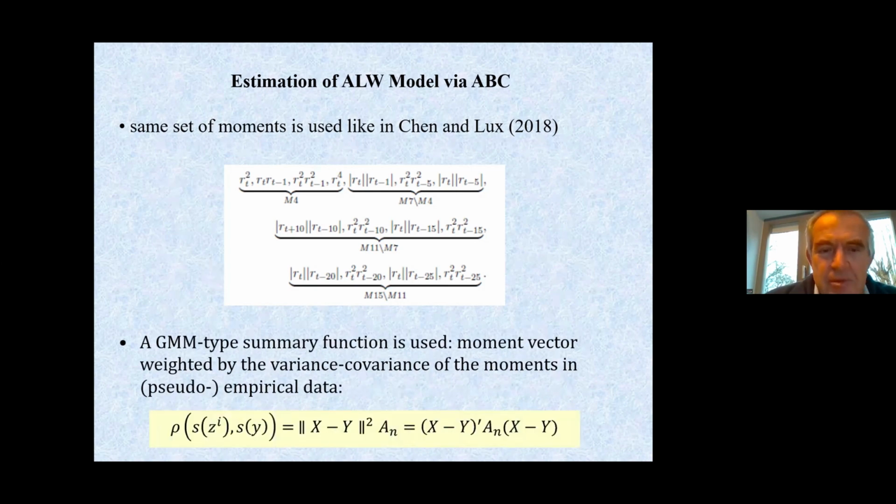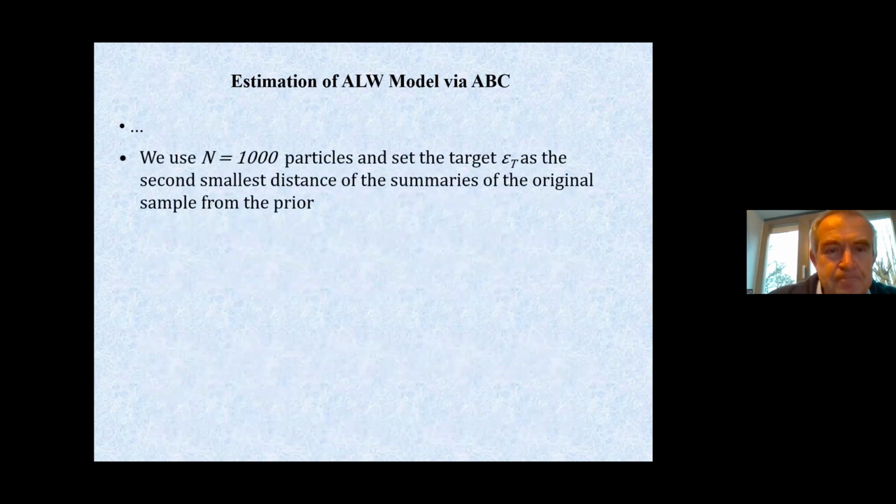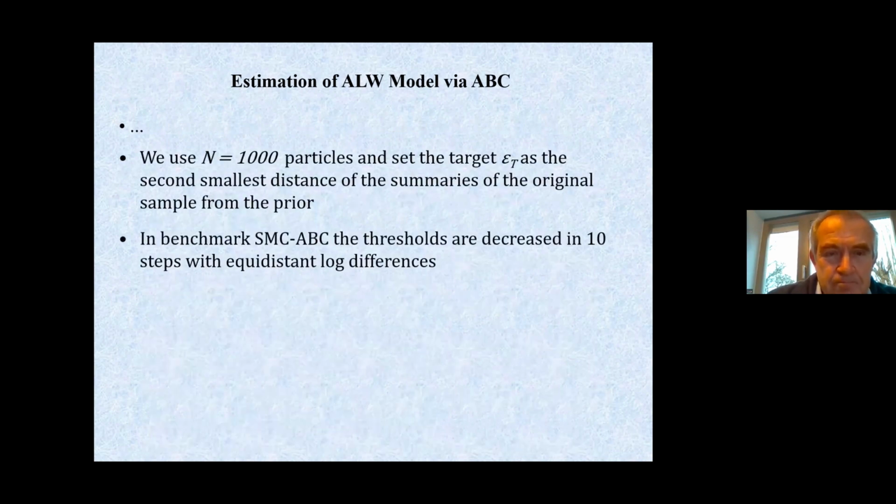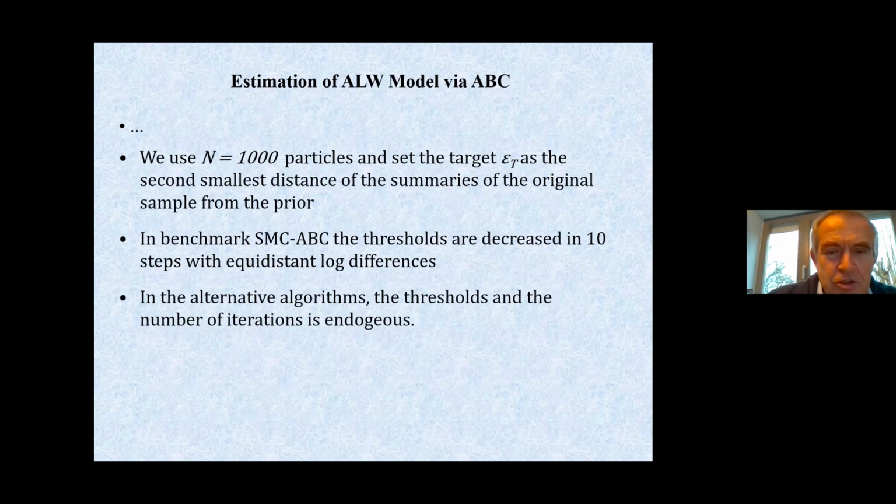And I use a GMM type of summary functions, which uses as the weight factor the variance-covariance matrix of the empirical moments. So that's pretty close to GMM. We set n equal to 1,000, so that's the number of particles, and we use this sequential Monte Carlo ABC approach.